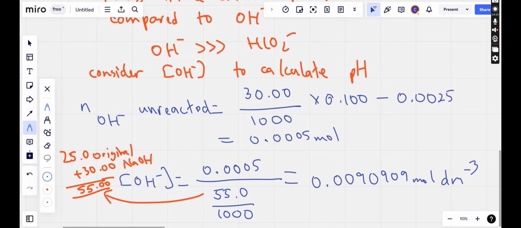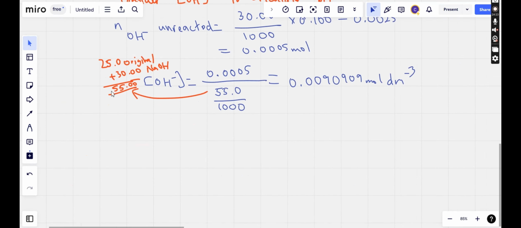So from now, it should be very obvious what to do next. pOH... wow, that's really ugly. Sorry. pOH is 2.04, and hence, it's not pOH⁻, it's just pOH, my bad.